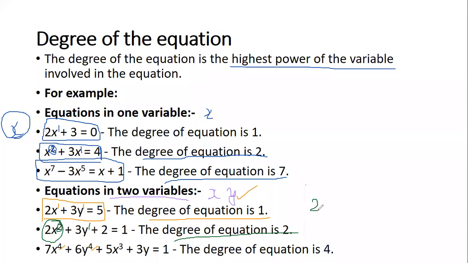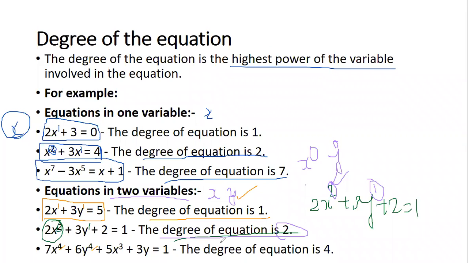In this expression, x has 2 as the highest power, but for y the power is 1. Here x has the highest power, which is why we take the degree of this equation to be 2. So in any expression, whichever of x or y has the highest power, that highest power has to be considered as the degree of equation. Understood? Are you all able to follow?